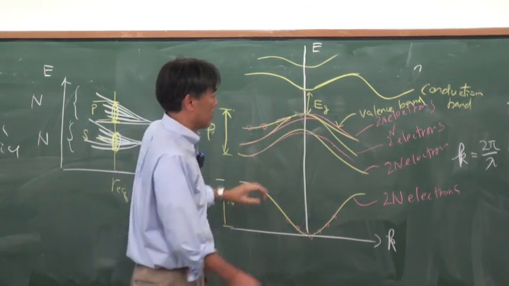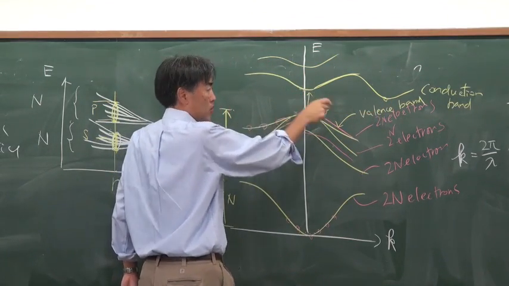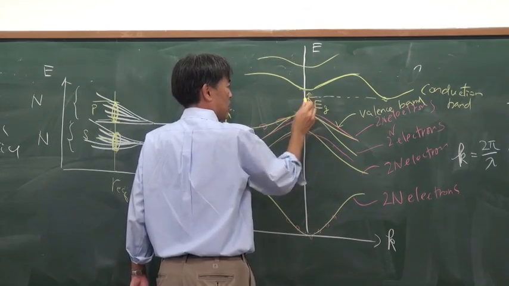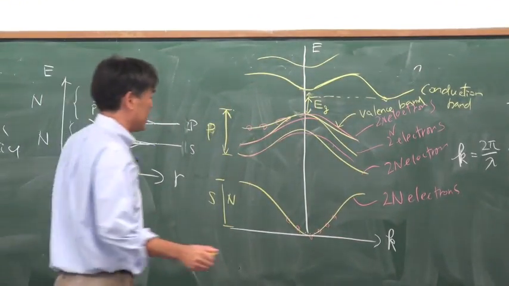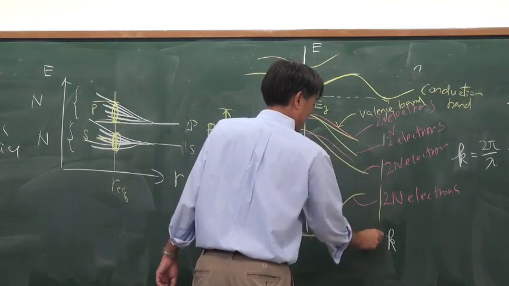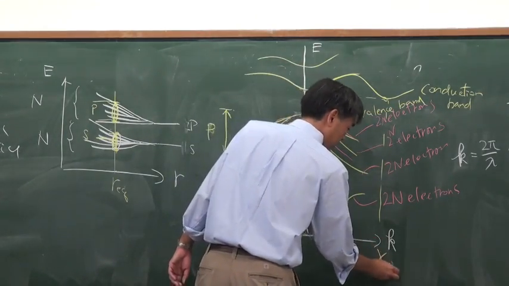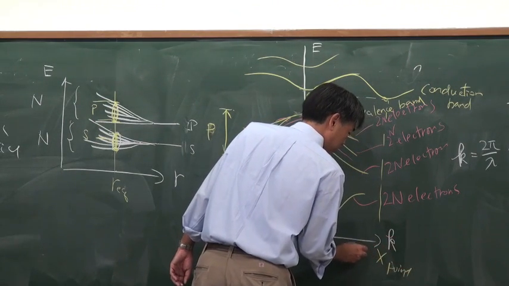But in fact, this minimum is actually lower than this point. So the actual energy gap becomes like this. And this point is known as the X point in the case of silicon. X point, and this is towards the 100 direction.